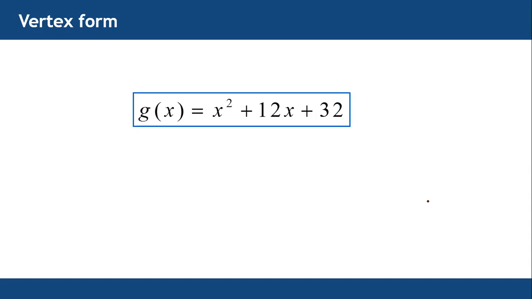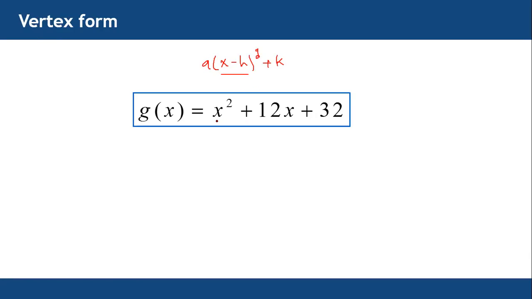How can you write it in vertex form? Vertex form is a into (x minus h) whole squared plus k. So with the help of completing the square, you can find (x minus h) whole squared, then plus k.